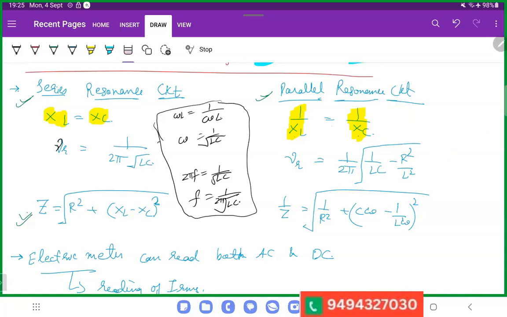Z is your impedance. Impedance means the total resistance of R, XL and XC. This is the formula.